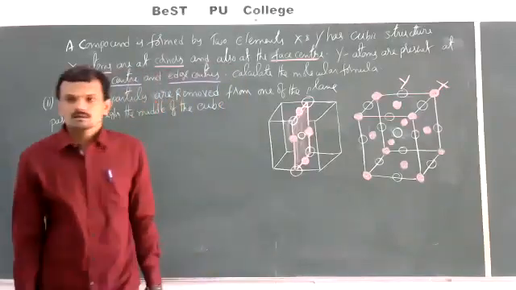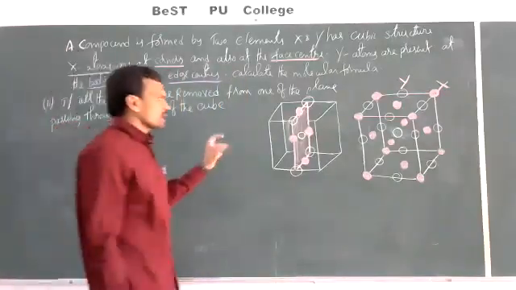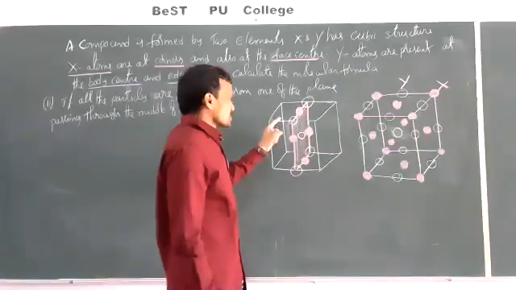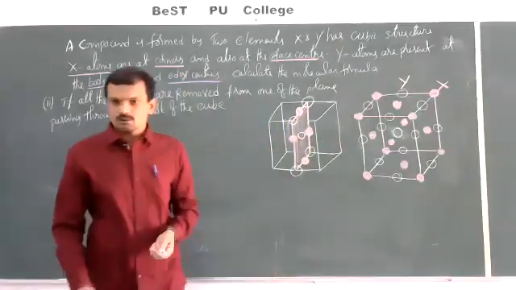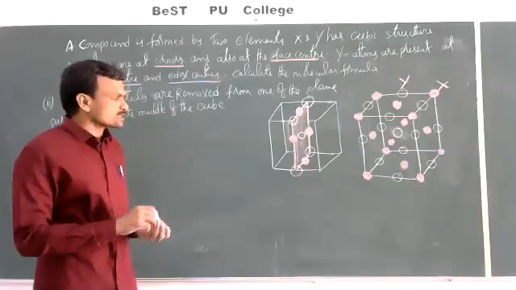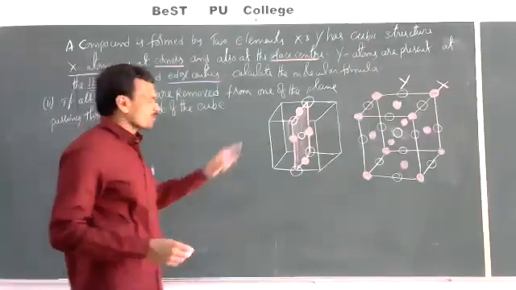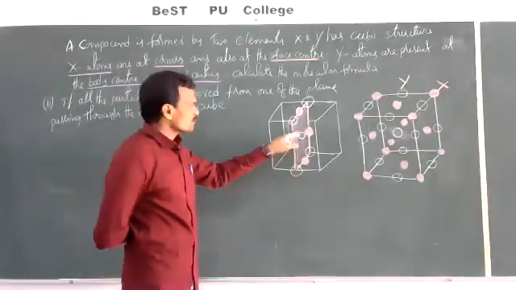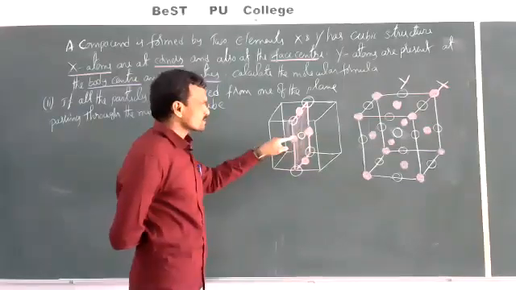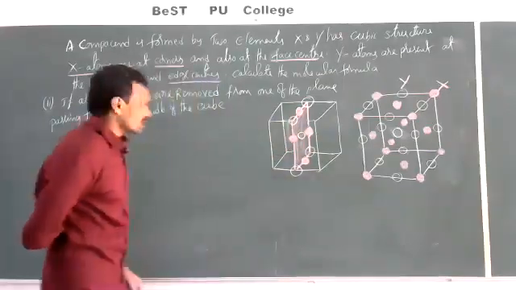Okay. So once again, if you have taken a plane which is passing through the middle of the cube, that middle of the cube consists of the particles at one body center, 4 face centers and 4 edge centers.